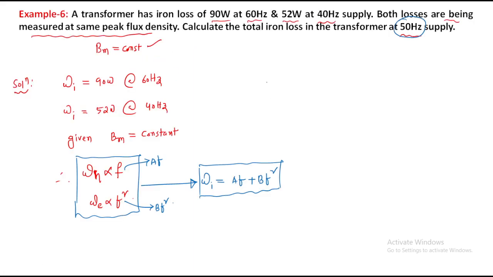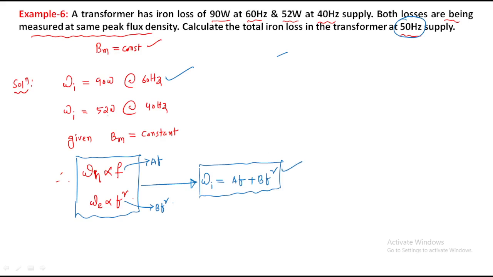So for this, 90 watts at 60 hertz, right? Therefore, 90 watts equals A into 60 plus B into 60 square, and likewise 52. So from this, first we have the iron loss component of 90 watts at 60 hertz, so from this equation we have to write that.